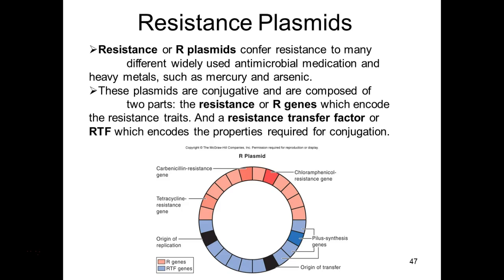So the scary thing for us is the number of resistant plasmids out there. These are easily transferred from one bacteria to another via conjugation. Although conjugation can involve stuff from the chromosome, a lot of times conjugation is transfer of the whole plasmid from one bacterial cell to another. And as I said, the bad news for us is there are a lot of plasmids out there that have genes on them that make the bacteria resistant to antibiotics. We refer to these plasmids as resistant plasmids, or R plasmids for short.